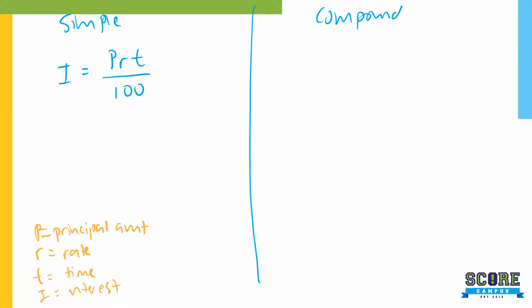What's the formula for compound though? Compound interest is slightly different. The final amount equals P(1 + R/100) to the power of N. Here it's a bit different.